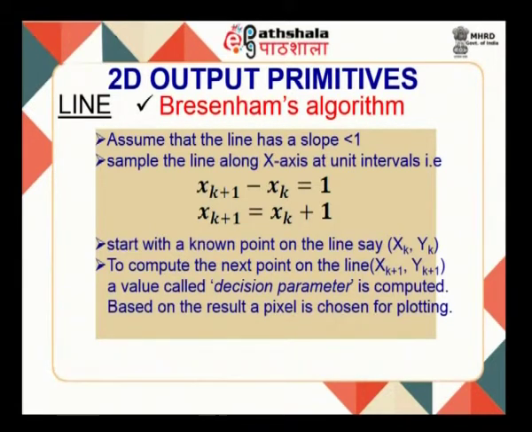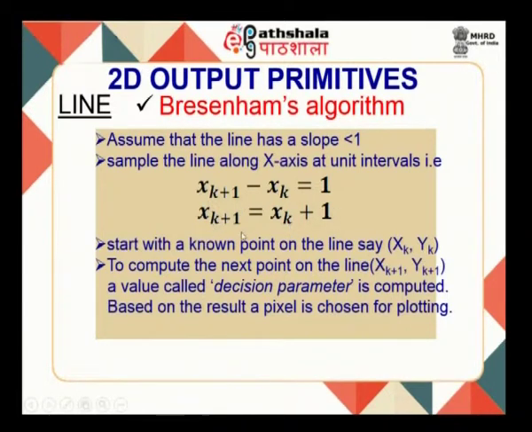Here our initial assumption is that the line has slope less than 1, and we are going to sample the line along the x axis at unit intervals. So, the same arguments are valid: the next x value, for sampling along the x axis, is xk+1.